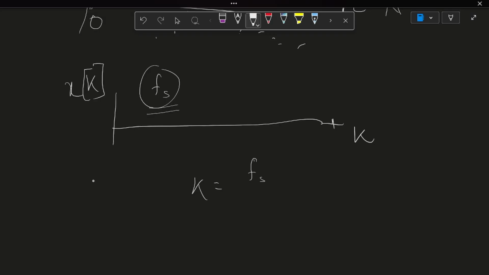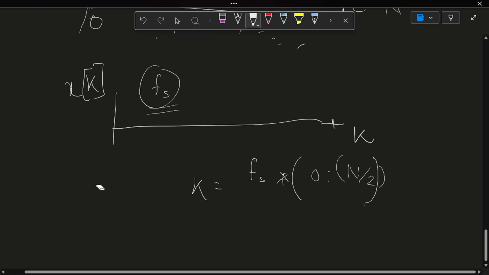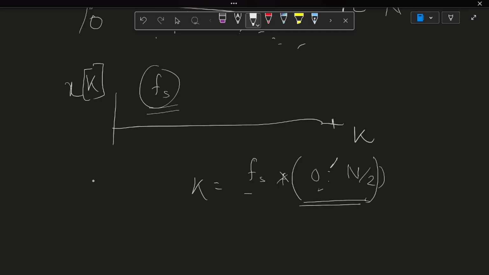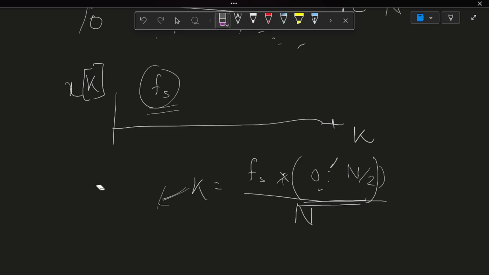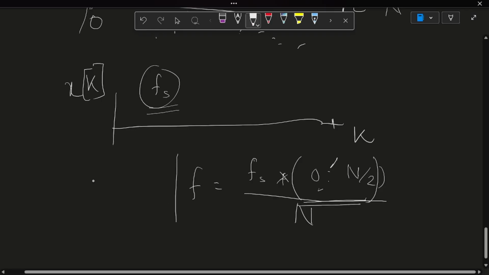Then you will create an array which will run from 0 to n by 2. This creates a uniformly spaced array from 0 to n by 2, and you will divide this whole array by n. In that way you will get the frequency axis, which effectively gives you the frequency axis for plotting.